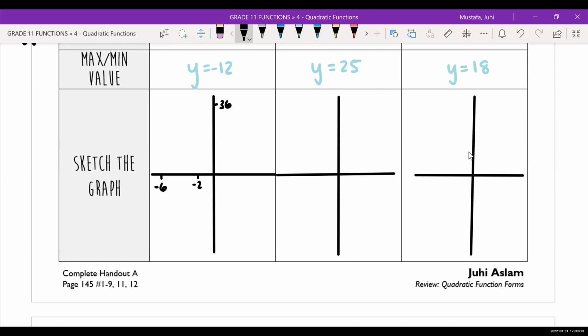I also determined that my vertex was at -4, -12. So -4, and let's say -12 is around here. That should be enough information for us to sketch this graph. So I have a point here, a point there, and a point there. Okay, so my two x-intercepts, my y-intercept, and my vertex. That should give me the general shape of the graph.